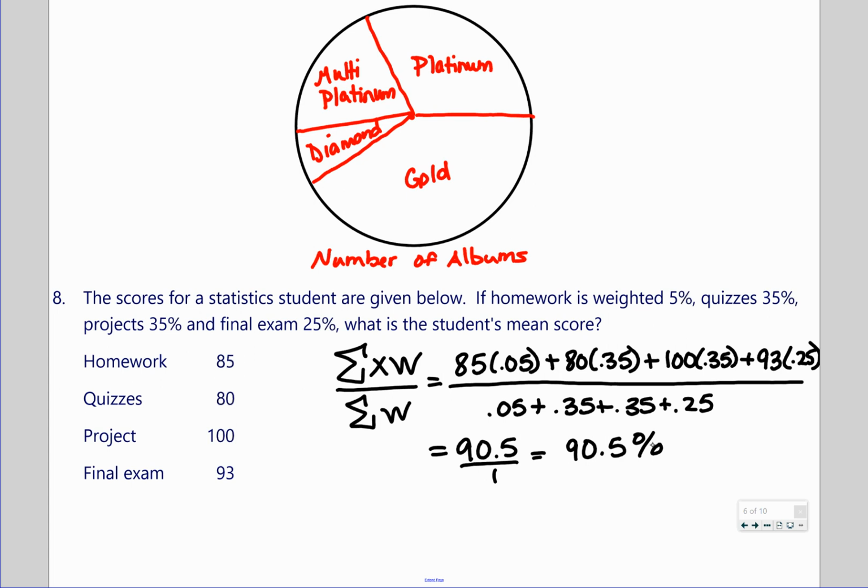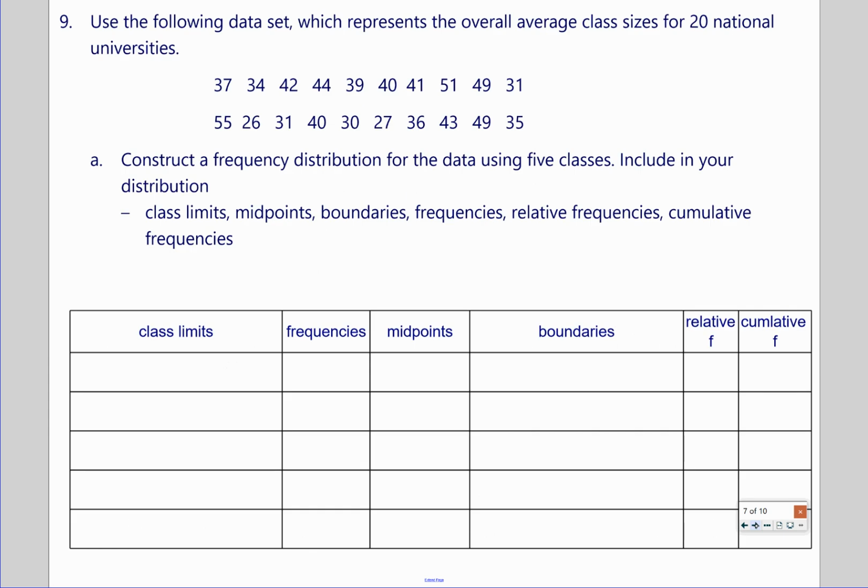So 90.5% would be the final grade for the student. Okay. Questions on number 8? No? Okay. Moving on.